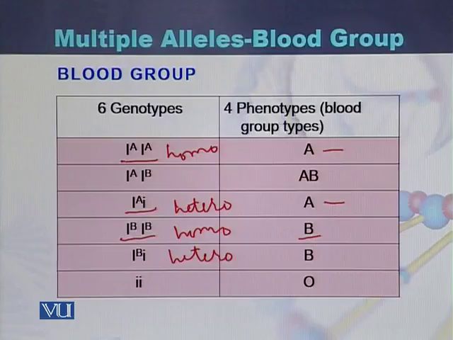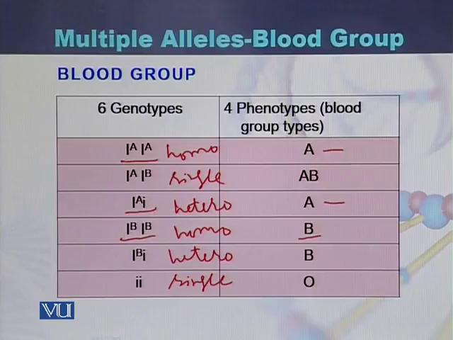On the other hand, AB blood group has just one genotype, and O blood group also has a single genotype. So based on the comparison between genotypes and phenotypes, we can conclude that there are 6 different genotypes and there are 4 different blood groups of humans.